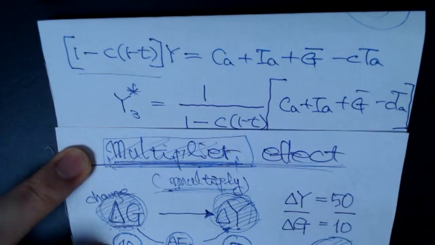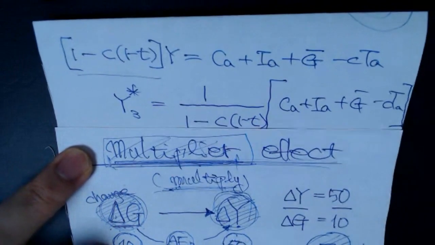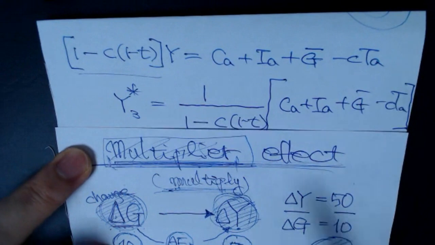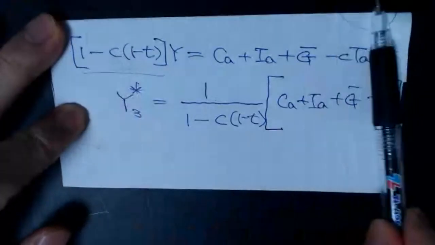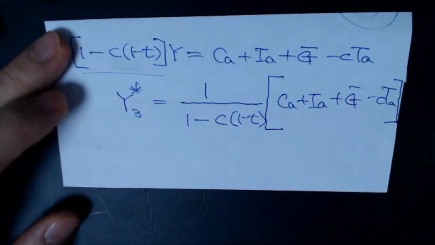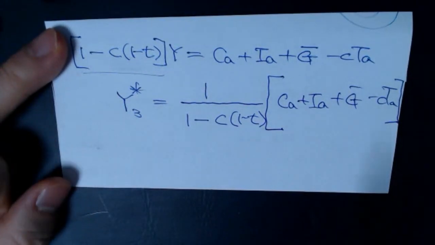So my question was, which determines the size of increase in national income? To explain this, I showed you the equilibrium condition, because from this equilibrium condition we can answer.